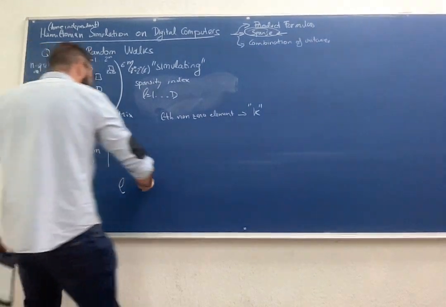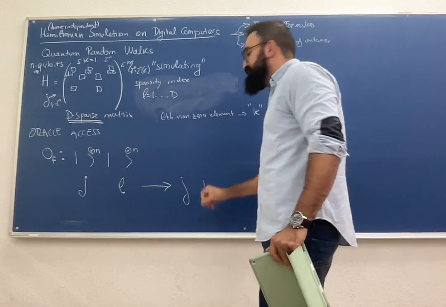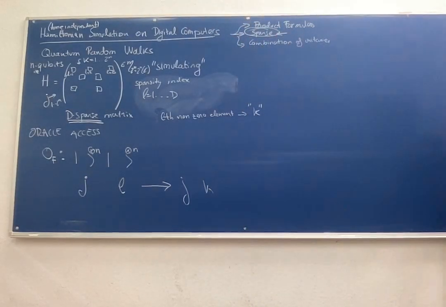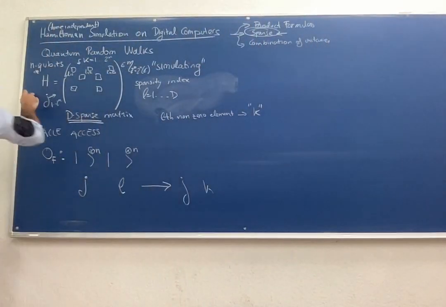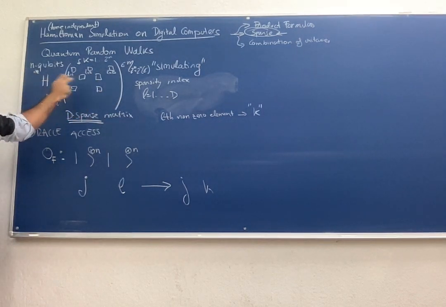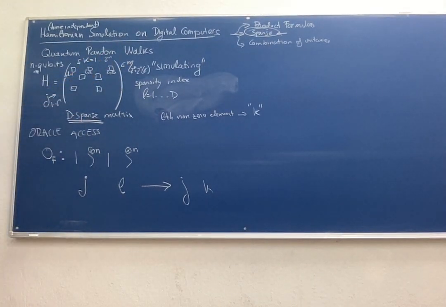And this oracle is going to return us basically J and K, where K is the position of the non-null element. So basically, we are feeding our oracle with a row and one of the values of the sparsity index, and it's going to say, hey, the non-null element in this row is in the 3rd, 5th, 7th position. So that's basically what we want. This is our first oracle.